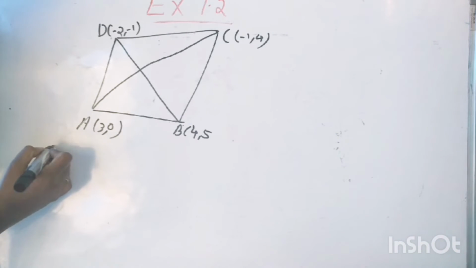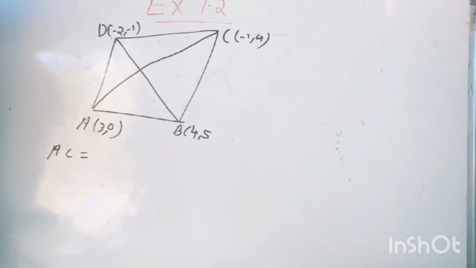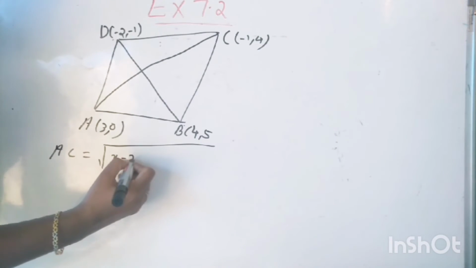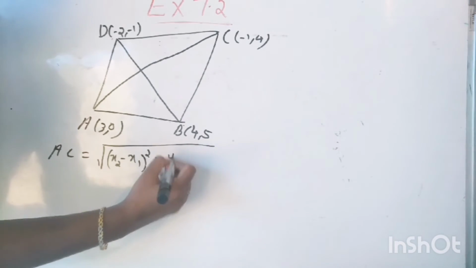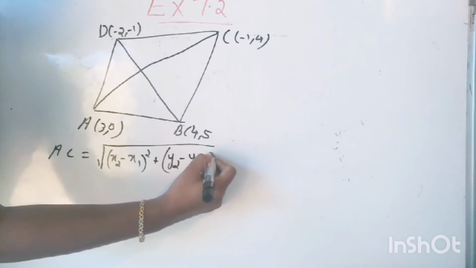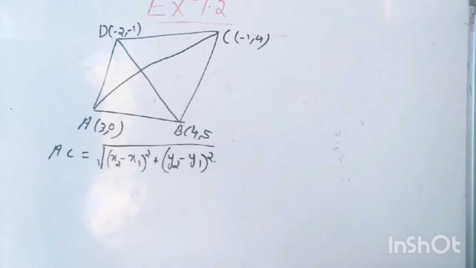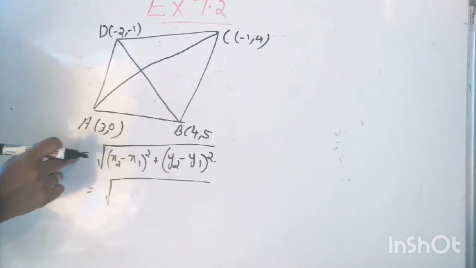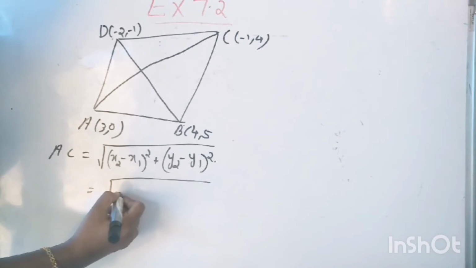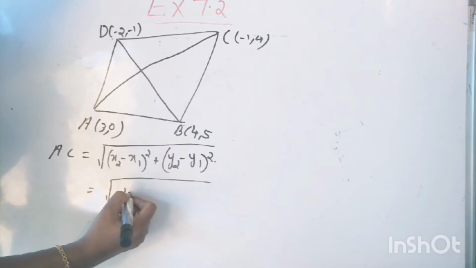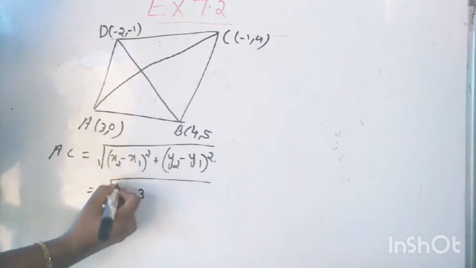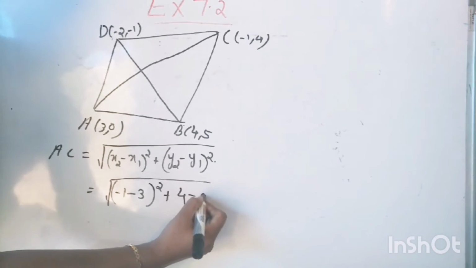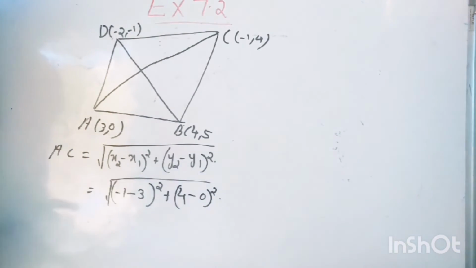So, AC is equal to, by the distance formula, we know that the square root of (x2 minus x1) all squared plus (y2 minus y1) all squared. That is equal to the square root of (x coordinate of C minus x coordinate of A) all squared plus (y coordinate of C minus y coordinate of A) all squared.